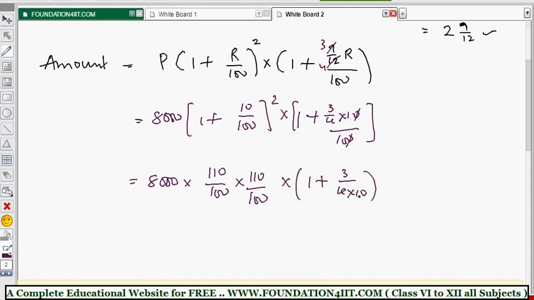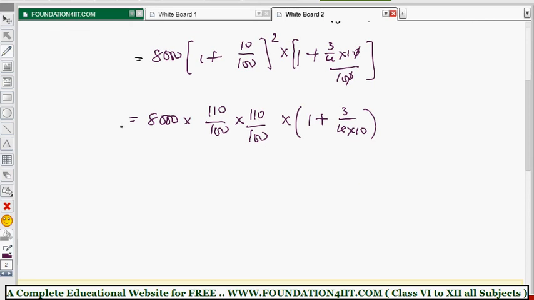Just simplify this. 8000 into cancel 0 0, so 11 by 10 into cancel 0 0, again 11 by 10, 1 plus 3 by 40, that is 43 by 40.